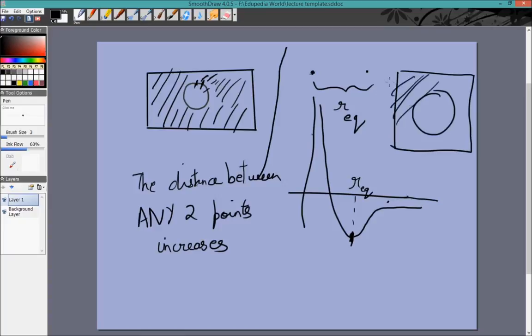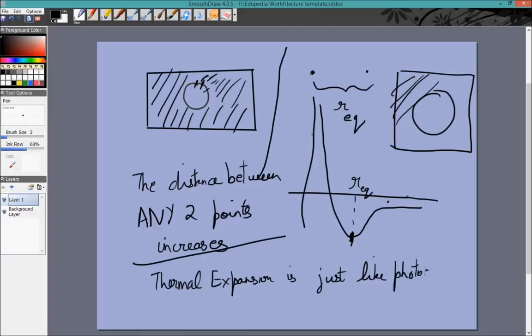So the way to remember that is that whenever thermal expansion occurs, thermal expansion is just like photographic enlargement.